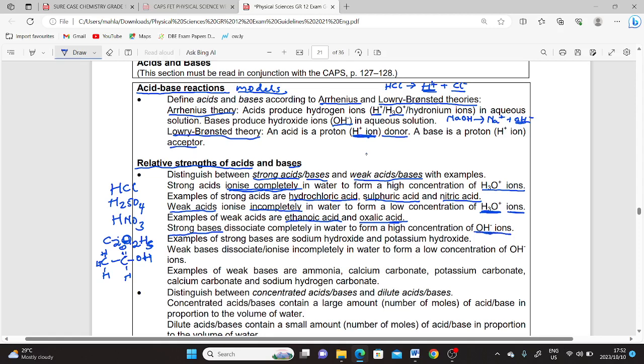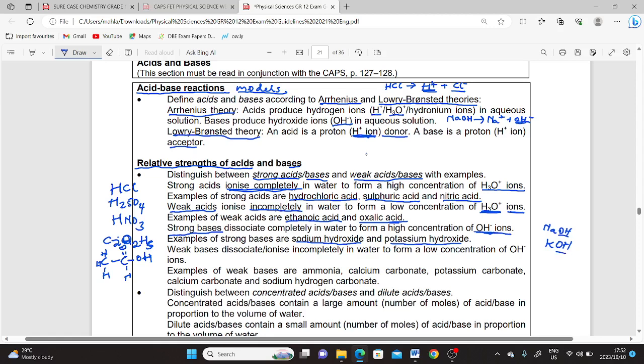Examples of strong bases are sodium hydroxide, which is NaOH, and potassium hydroxide, which is KOH. These are commonly known as strong bases.